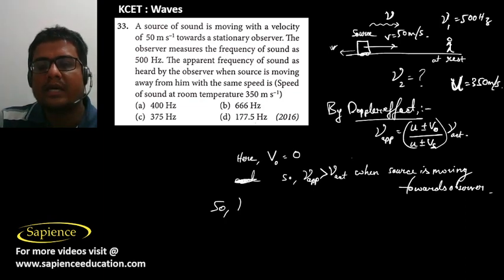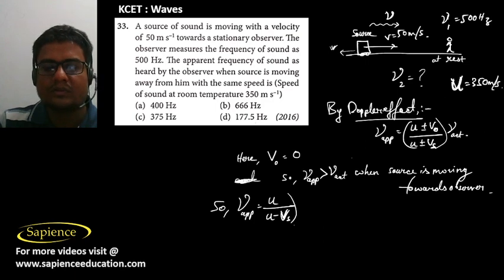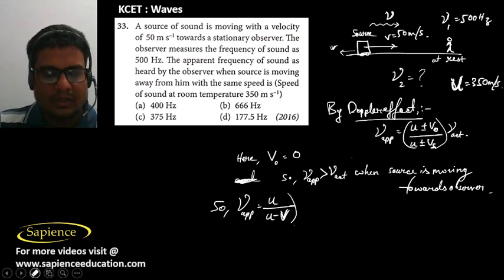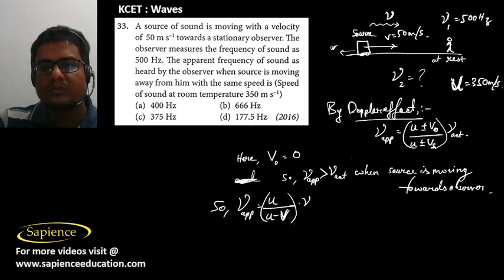So the apparent frequency will be equal to u by u minus vs, where vs, the speed of the source, is v. So this will be u by u minus v into nu naught, suppose the actual frequency is nu naught.